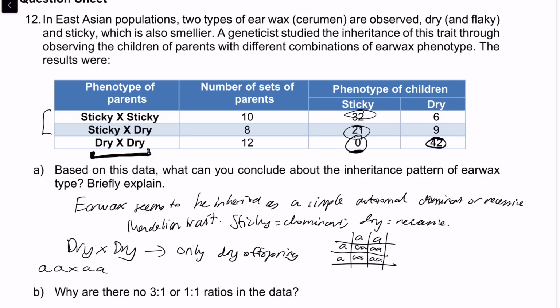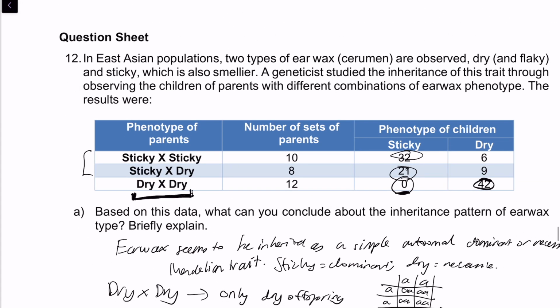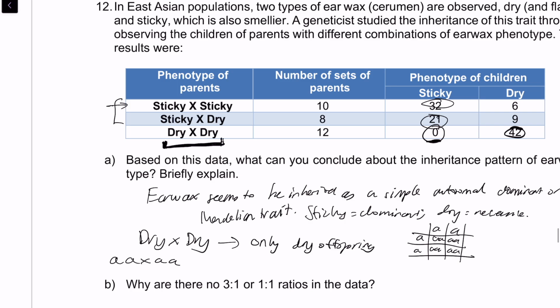they would give rise to both types, okay, sticky and dry, because in this first row here, we could have a possibility of heterozygote parents crossing over, and that will result in some children having the dry phenotype, where the alleles that get passed on are both recessive from each parent.